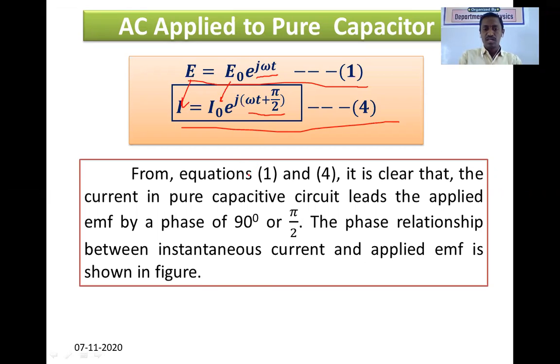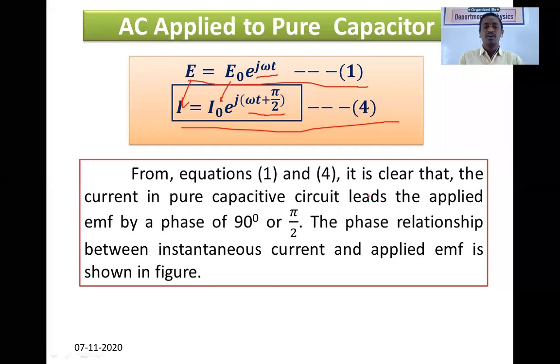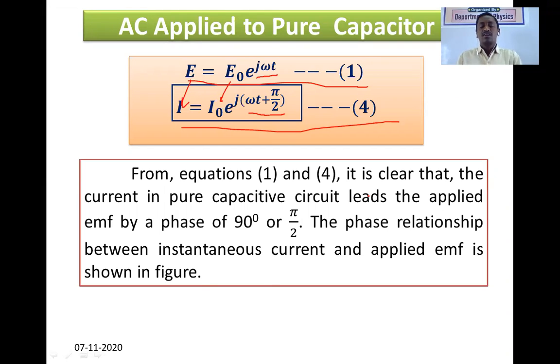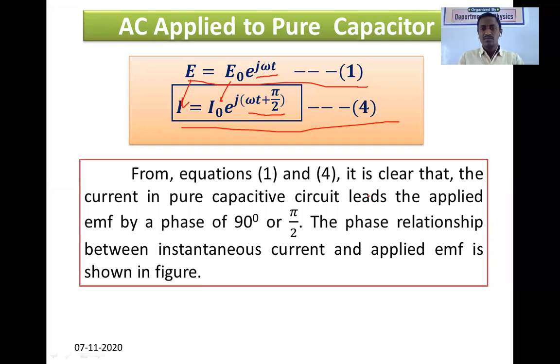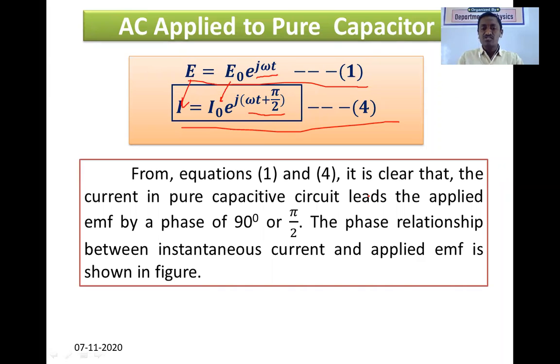So from equations 1 and 4, it is clear that the current in a pure capacitive circuit leads the applied EMF by a phase of 90 degree or pi by 2. Okay, here current leads the applied EMF, whereas in the case of a pure inductor, current lags behind the applied EMF, because in that case the phase of current will be omega t minus pi by 2.